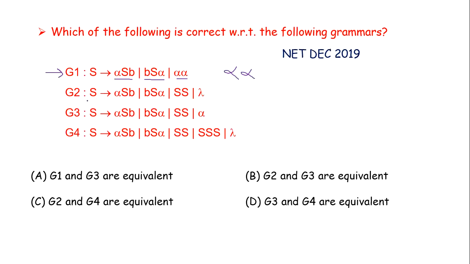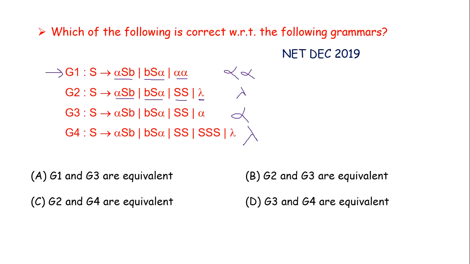Now for G2, it says S gives alpha SB, S gives BS alpha, S gives SS, S gives lambda. So the smallest string will be lambda, that is the empty string, right? For G3, its smallest string will be alpha. Just pause the video, do it yourself. And for G4, its smallest string is lambda.